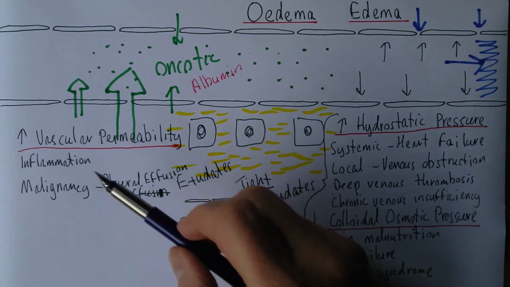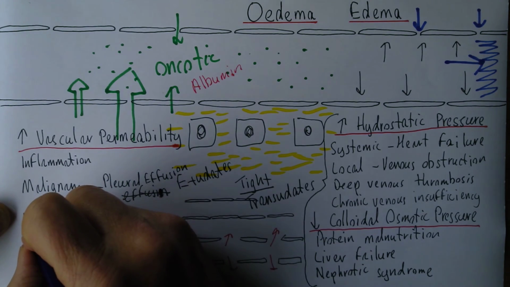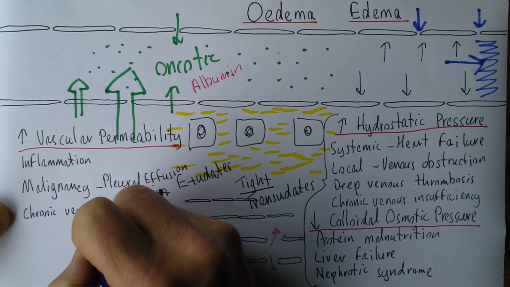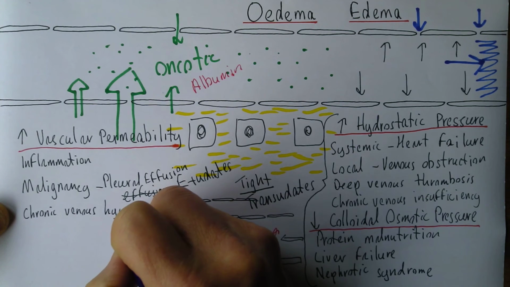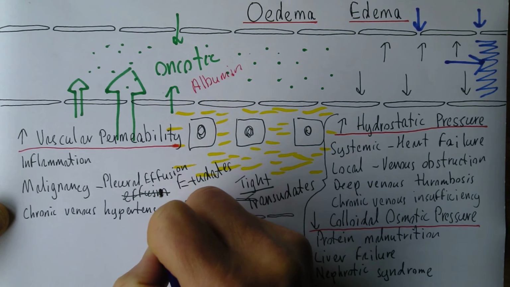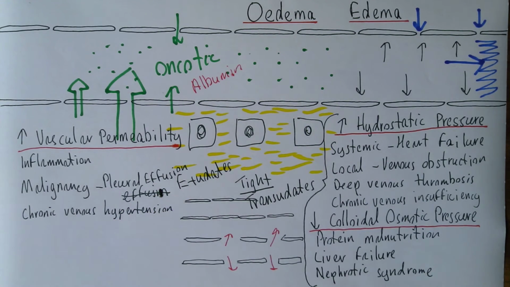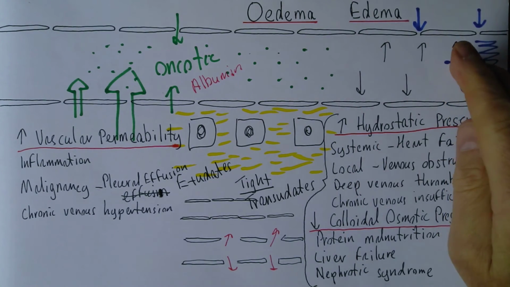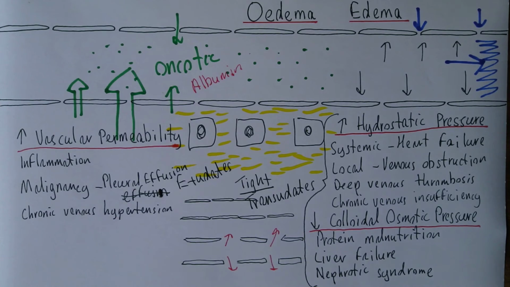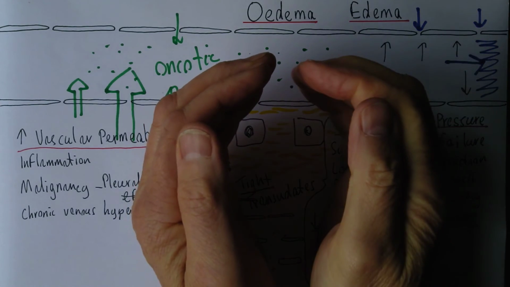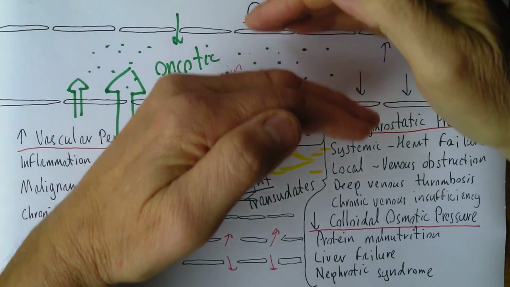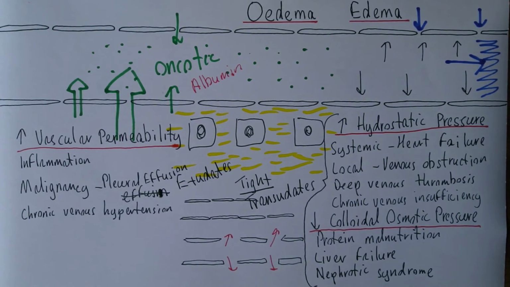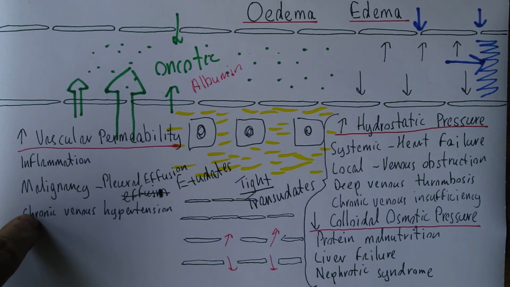And we can also get increased permeability in chronic venous hypertension. So in acute venous hypertension, you're going to get the increased hydrostatic pressure. But over time, if the hydrostatic pressure is increased over a long period of time, that's going to physically push apart the walls of the capillary, causing dilation, and that will cause increased vascular permeability.